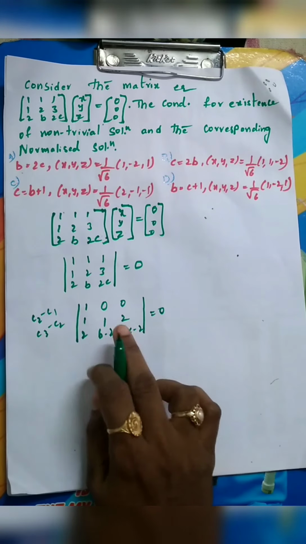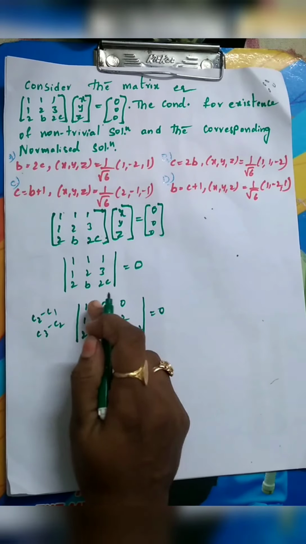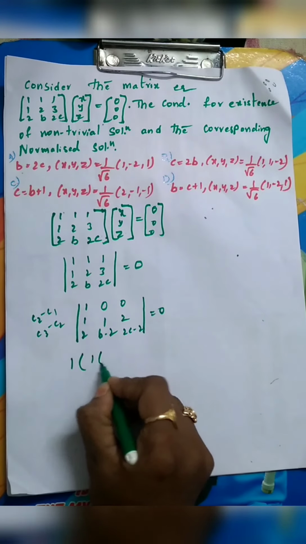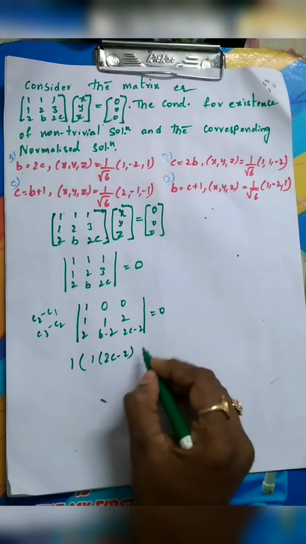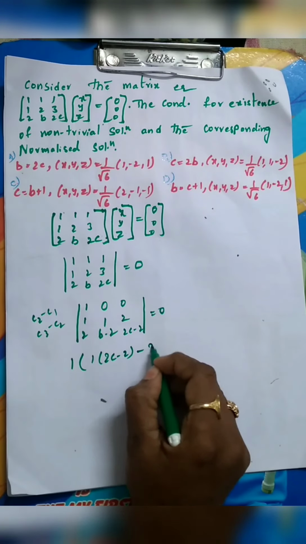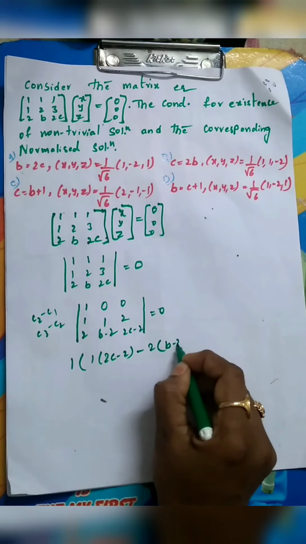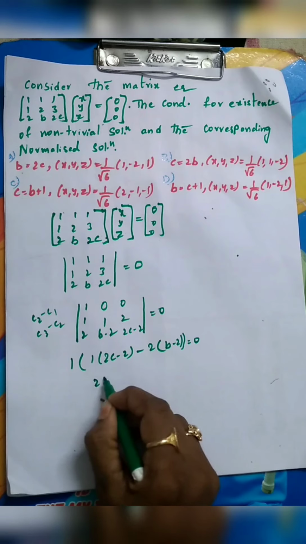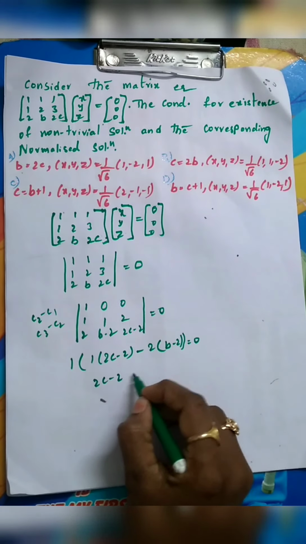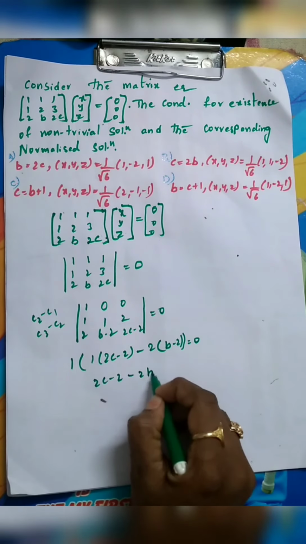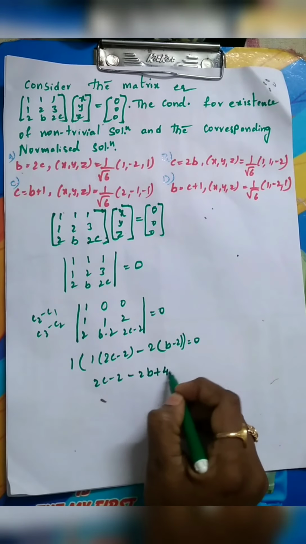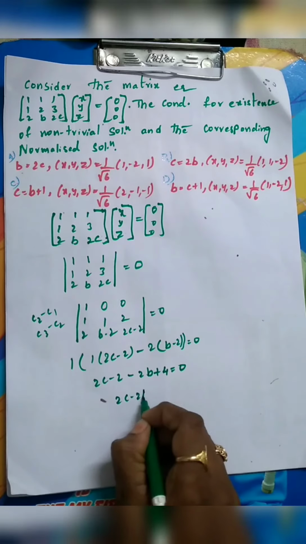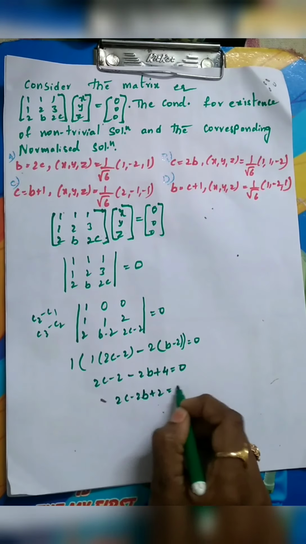Expanding the determinant with respect to the first element 1. 1 into 2c minus 2 minus 2 into b minus 2 is equal to 0. 2c minus 2 minus 2b plus 4 is equal to 0. 2c minus 2b plus 2 is equal to 0.